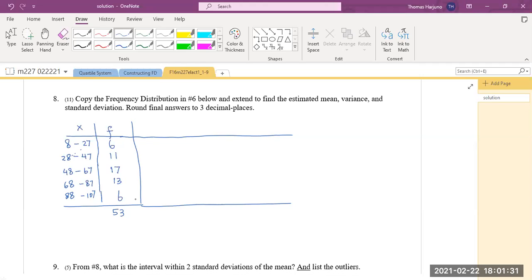Now, do you remember how to do this? We did it last week on Wednesday. This is grouped data interval. Now, how do we extend grouped data interval to find the mean and variance? What is the first one? Anybody remember?